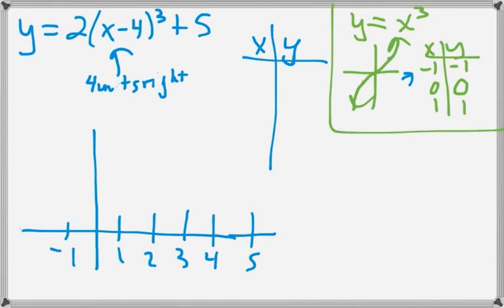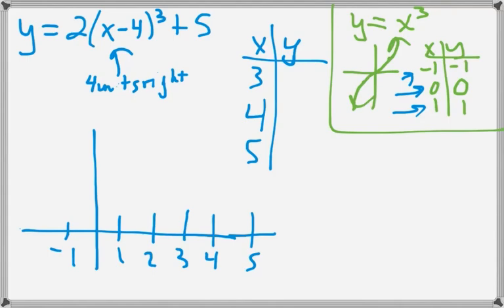Oh, but we don't know what the y value is yet. Okay, so we'll just put the x value in the table there. All right, and then if we're at 0 and we move 4 units to the right, then we'll be at an x value of 4. And if we're at an x value of 1 and we move 4 units to the right, we'll be at an x value of 5. So that takes care of the x values.